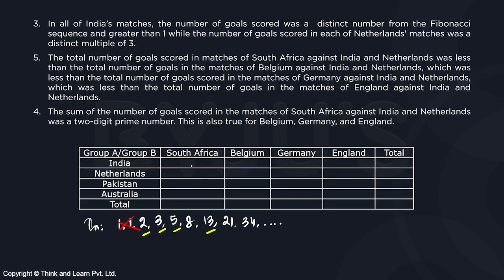Now, what should be the sequence of these? No, we can't take 2, 3, 5, and 18. Sorry, 2, 3, 5, and 13. We can take 8 also. We can take 21 also.